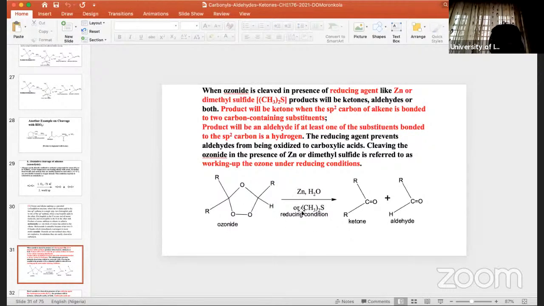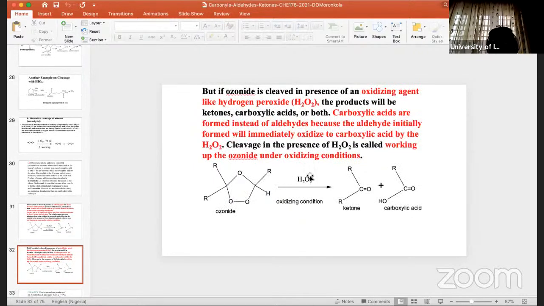Depending on the structure, you will have your ketone or aldehyde. Now, where you have hydrogen peroxide, it's the workup condition, that is after the first step, where ozone attacks the double bond to form this ozonide. If the workup is an oxidizing condition, the aldehyde that is formed further oxidizes to the carboxylic acid.